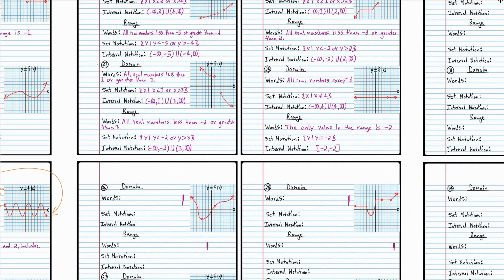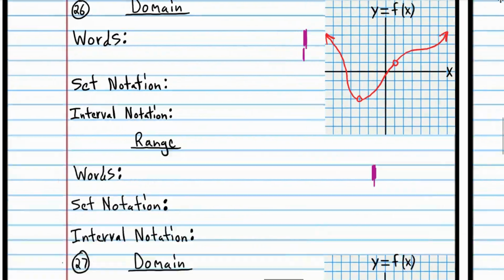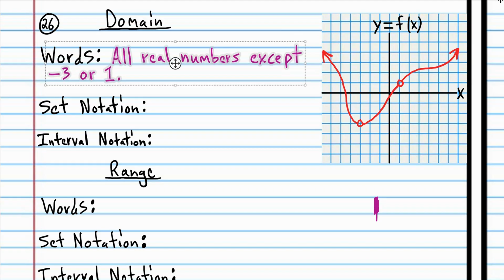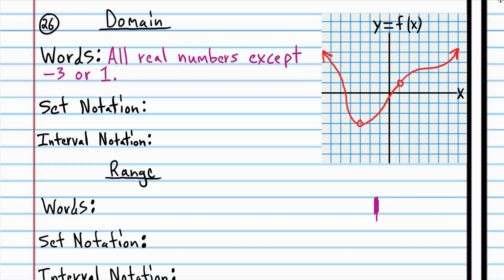Let's try another one of those problems. All the points here have pretty much any x value, except we have a hole here, so x cannot be equal to negative 3, and x cannot be equal to positive 1. So we say that the domain is all real numbers except negative 3 or 1.